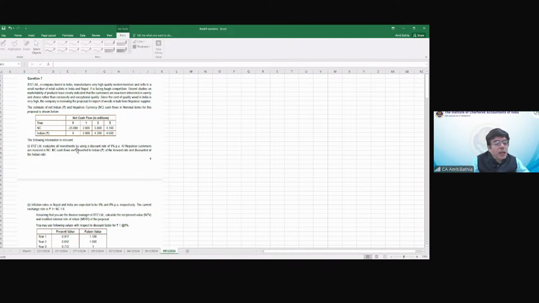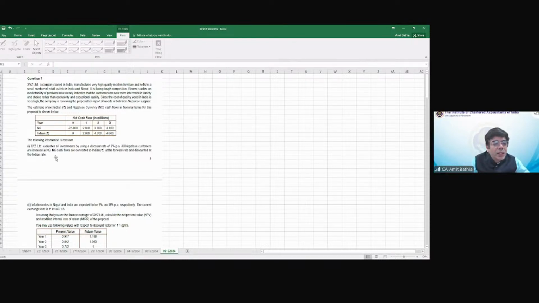XYZ Limited evaluates all investments by using a discount rate of 9% per annum. All Nepalese customers are invoiced in Nepali currency. Nepali currency cash flows are converted to Indian rupee at the forward rate and discounted at the Indian rate. So converted to Indian rupee at the forward rate and then discounted at the Indian rate.